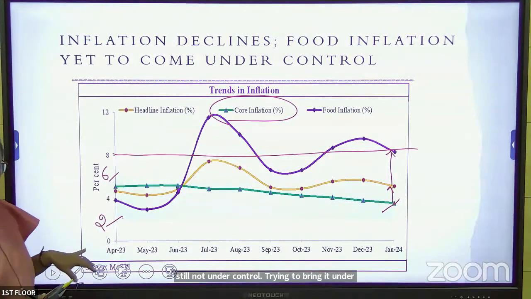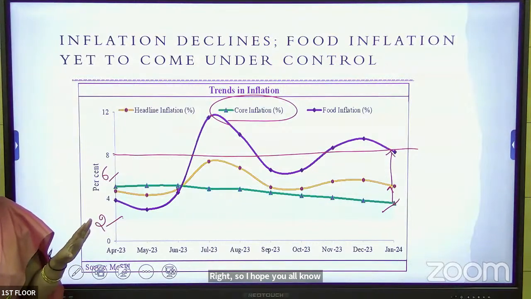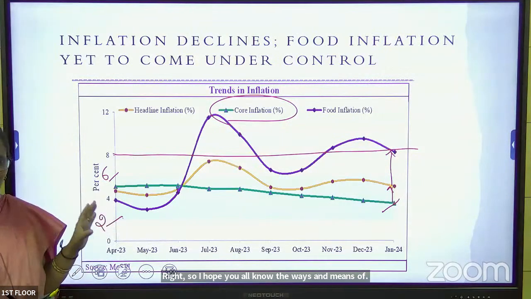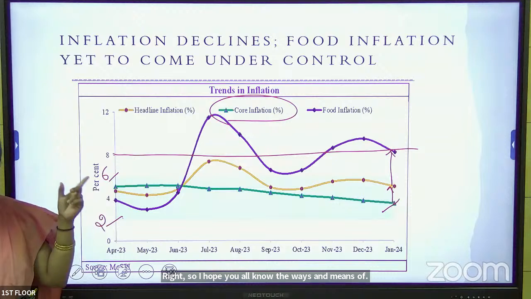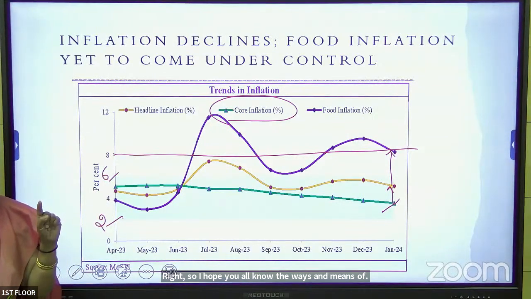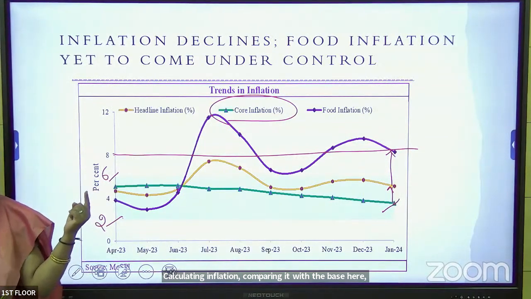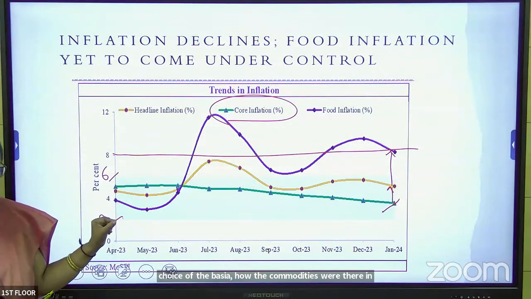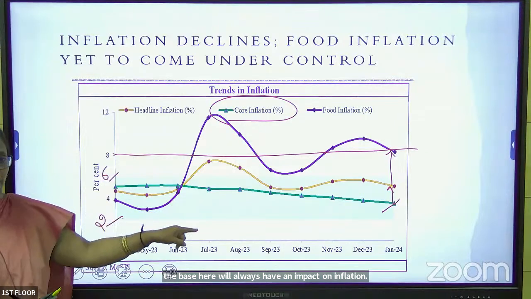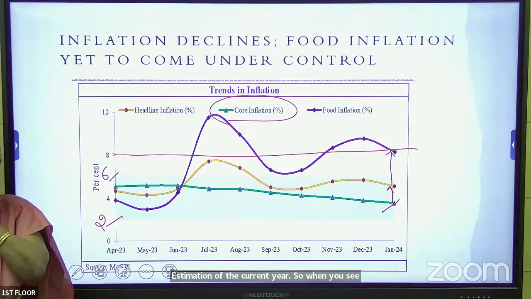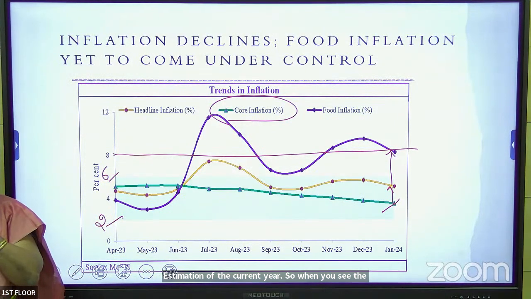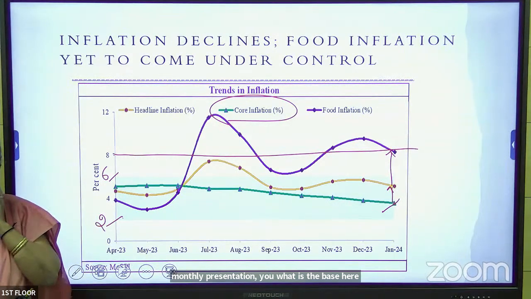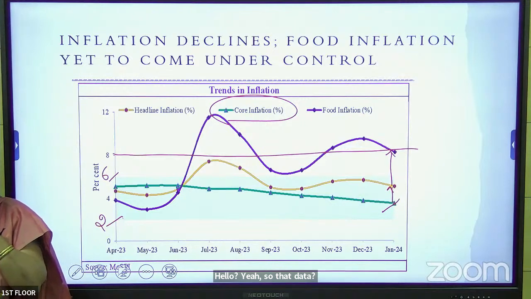Right. So I hope you all know the ways and means of calculating inflation, comparing it with the base year. The choice of the base year, and how the commodities were in the base year, will always have an impact on the inflation estimation of the current year. So when you see the monthly presentation, what is the base year? You are so backdated.